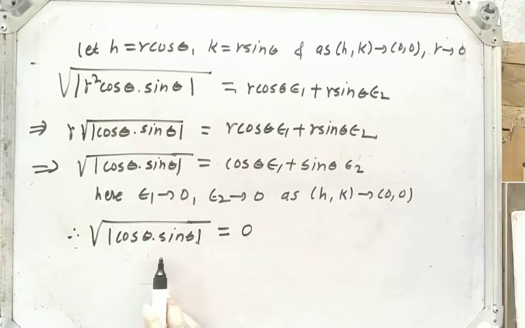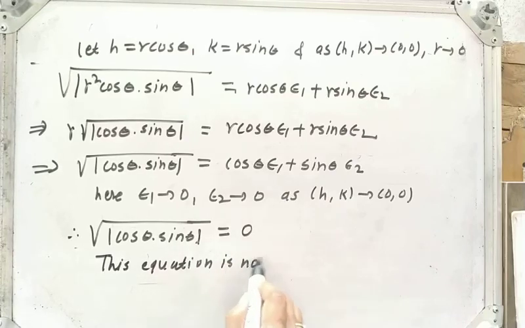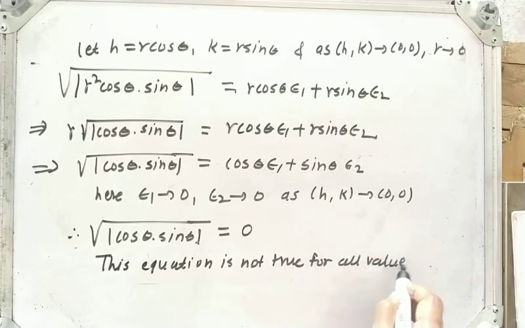It means that the equation of differentiability, which we have called equation 1, is not true for all points in the neighborhood of point (0,0).